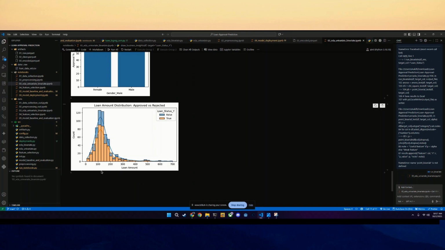You can also interpret that the range is more between about 90 to 200, around 150. I mean, for whoever has applied for a loan, the average loan amount is between 100 and 150.